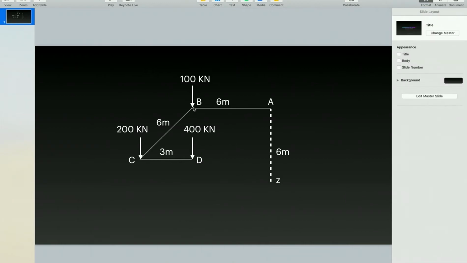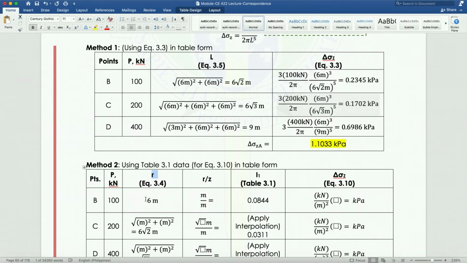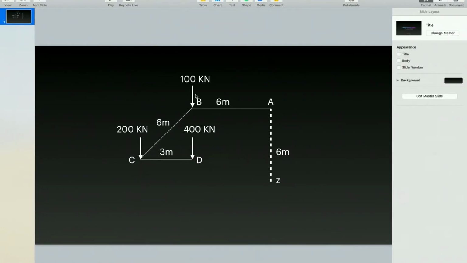So between point A and point B, the shortest distance at the ground is 6 meters. That's why this one here is 6 meters. Now, point A and C. What is the distance at point A and C? So this is point A, this is point C.